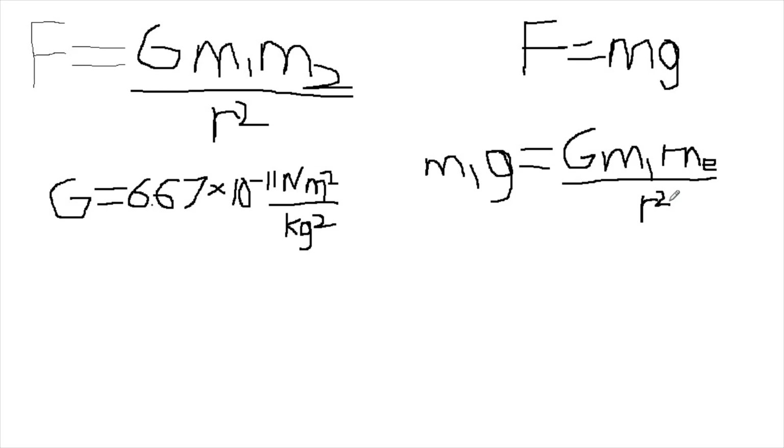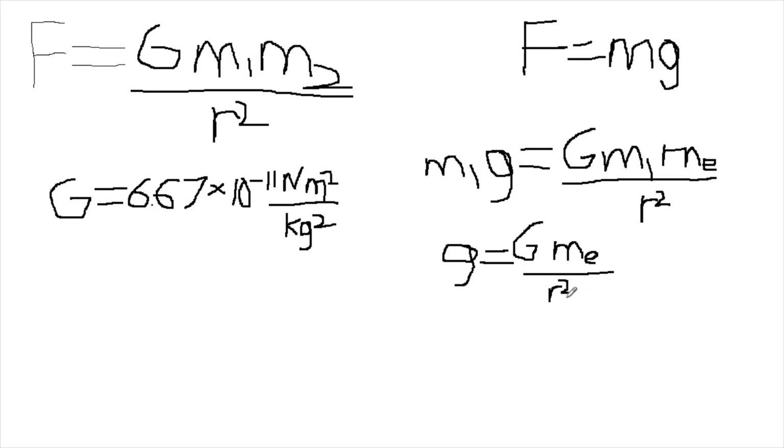So we just want to get mass E all by itself, isolated. So we divide both sides by the mass of the first object. So we get small g. I'll be calling the acceleration small g, multiplied by the universal constant of gravity. I'll just be calling that big G. So it's big G times mass of the Earth, I'll call it mass E, and then divide it by distance squared, or let's call it r squared.